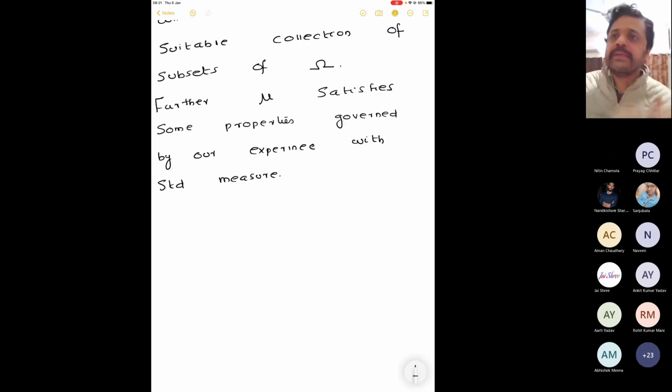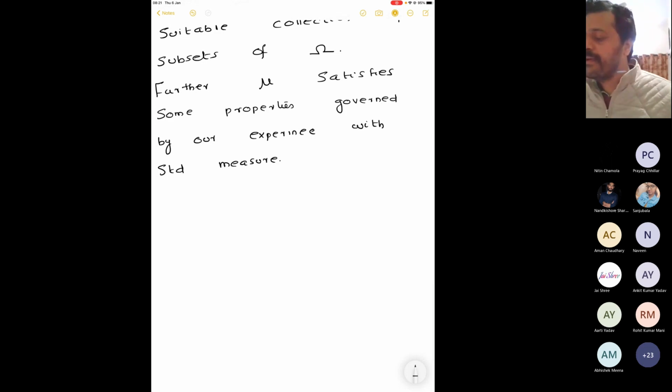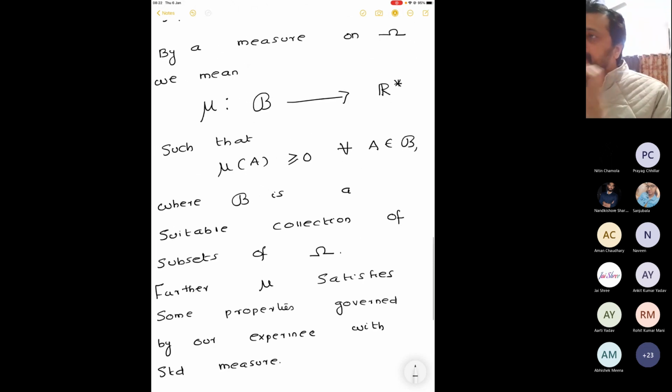One will give you some condition on the other and so on. We will see. So I think the questions are clear. When you say suitable subset, what are all the conditions you need on this B? And what are all the conditions that you are looking for in mu, so that it can be called a reasonably good generalization of the concept of length, area, volume, and so on.